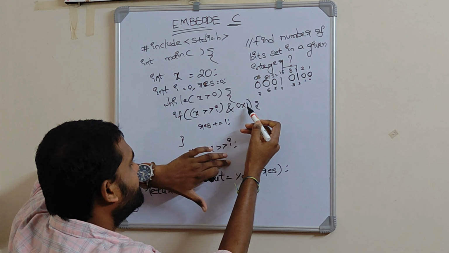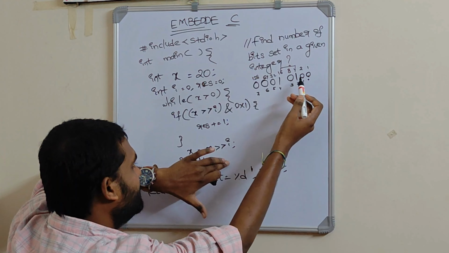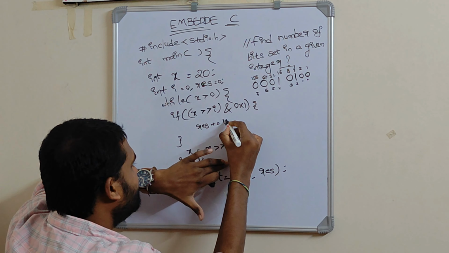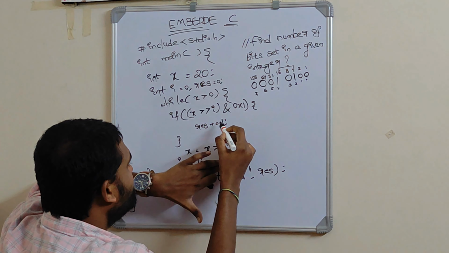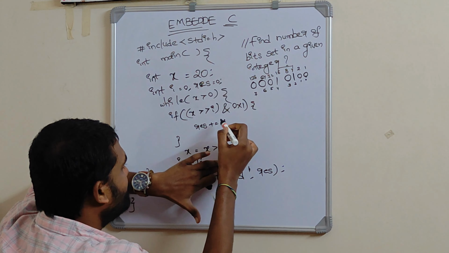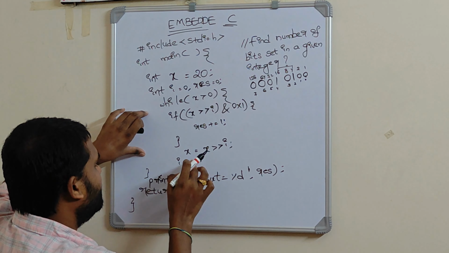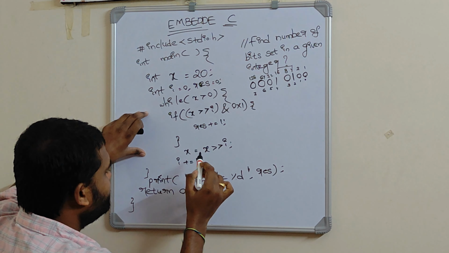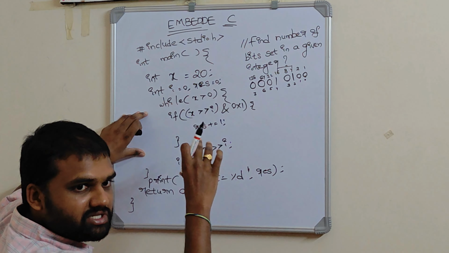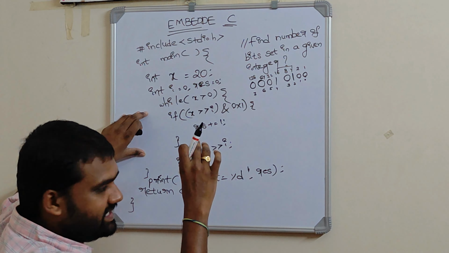If that particular bit is set to 1, then the result will be incremented. Initially the result value is 0, so we will increase by 1 if that particular bit is set, else it is skipped. Every time, irrespective of whether the bit position is set or clear, we have to update the x value as well as the i value.